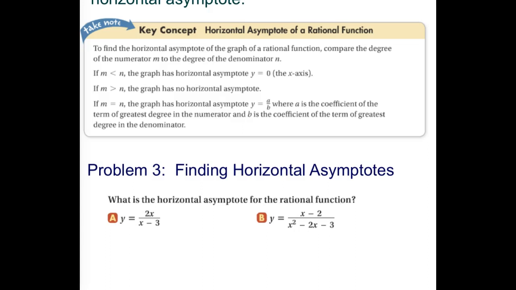We're going to compare them. If the numerator, and we're talking about the degrees here, if the degree of the numerator is smaller than the degree of the denominator, we have one at 0, at y equals 0.